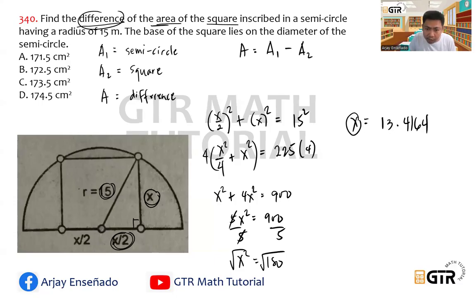Now that we have the value of x, we just substitute into the formulas for the area of the semicircle and the area of the square.